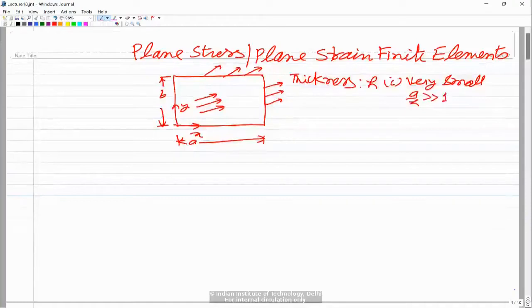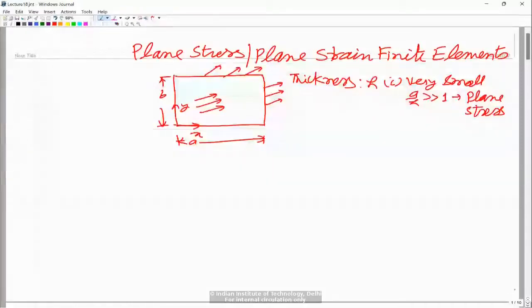Then this problem would be referred to as a plane stress problem. Plane stress means sigma zz would be 0, because z is going to be normal to the screen. So sigma zz and tau xz and tau yz would be 0. Of course, there is a generalized plane stress case where sigma zz is 0 but tau xz and tau yz are non-zero. So that is one possibility.